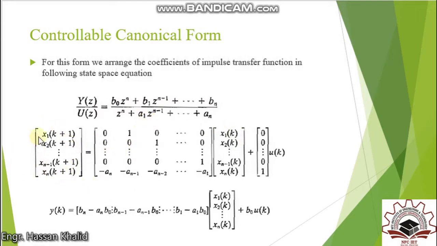This state equation is representing all the states from x1 to xn in first order difference equation, and it is equal to this matrix, the G matrix, multiplied by the state vector from x1 to xn, plus the input vector multiplied by u of k.